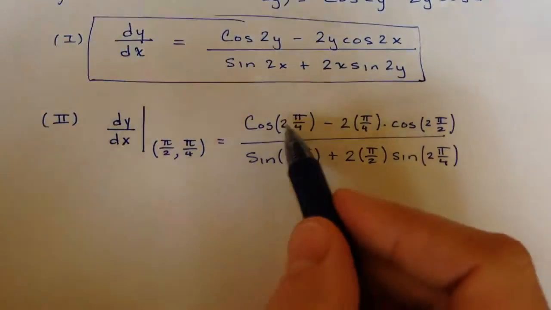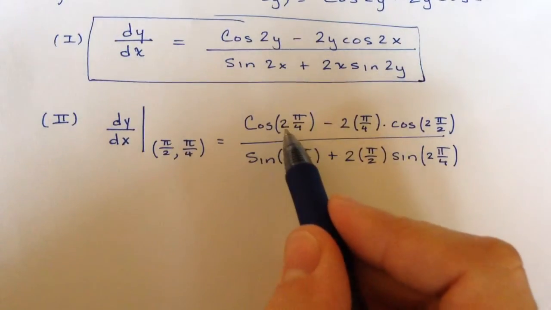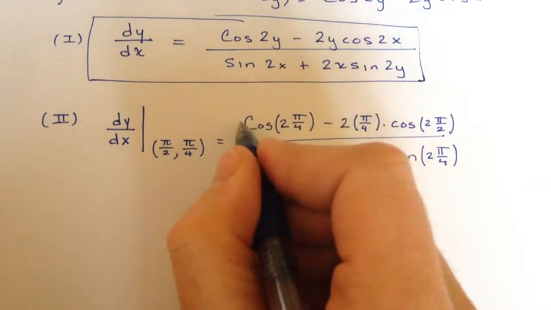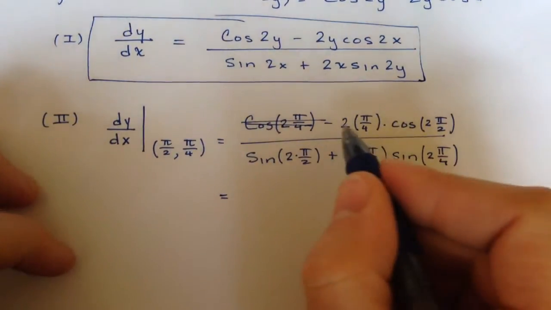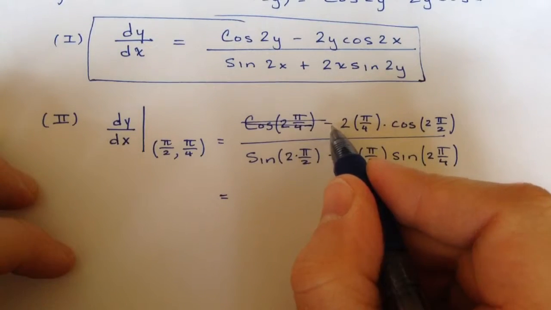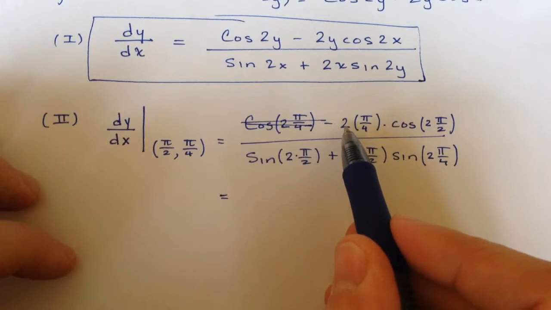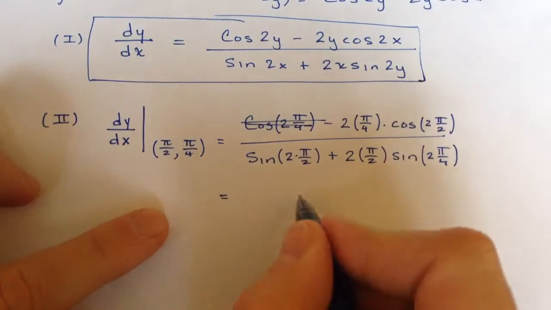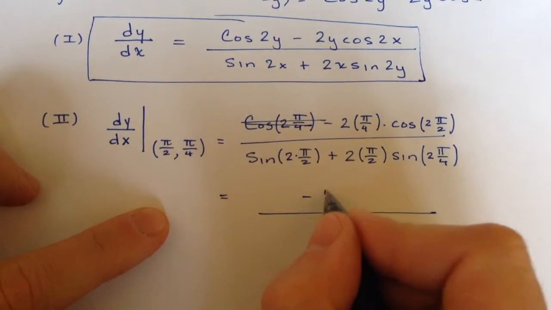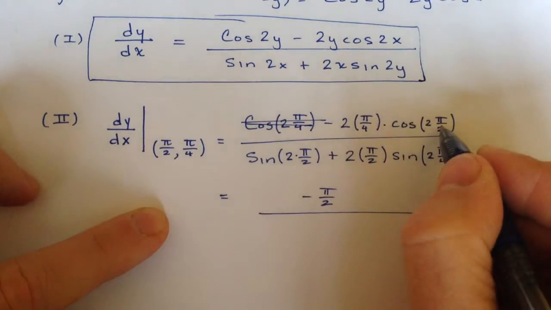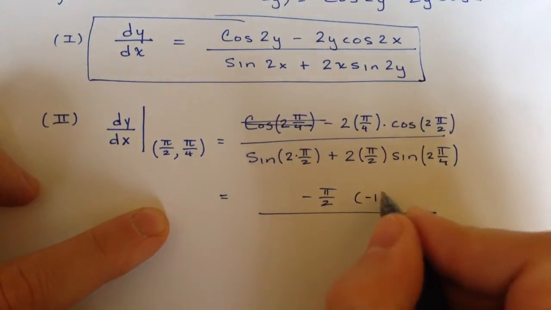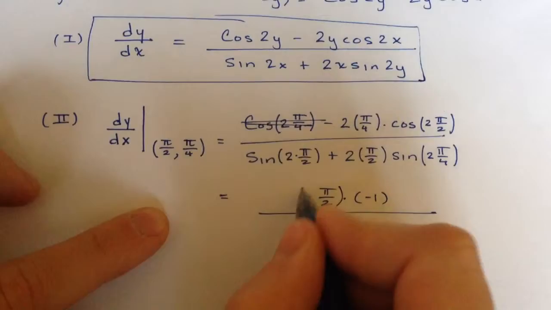The first thing I noticed is that 2 times pi over 4 is pi halves, and the cosine of pi halves is 0, so I'm going to drop this term here. That leaves us here with a negative 2 pi over 4, which is going to be negative pi over 2, times the cosine of pi, which is negative 1. So those are multiplied together.